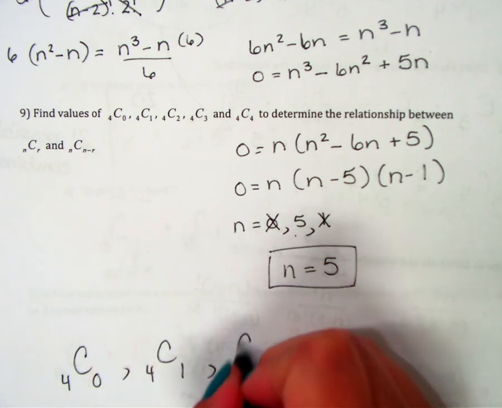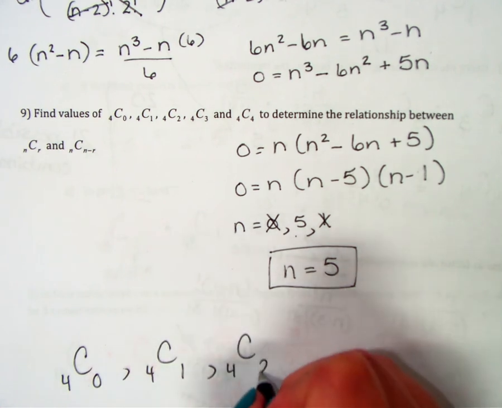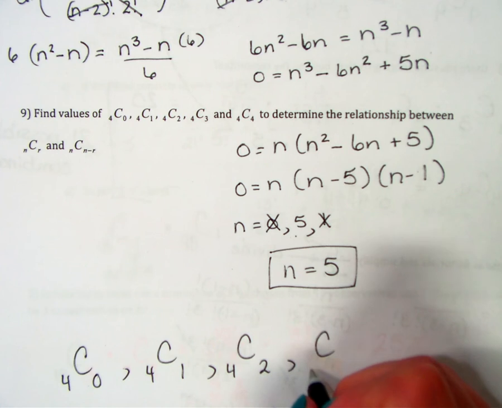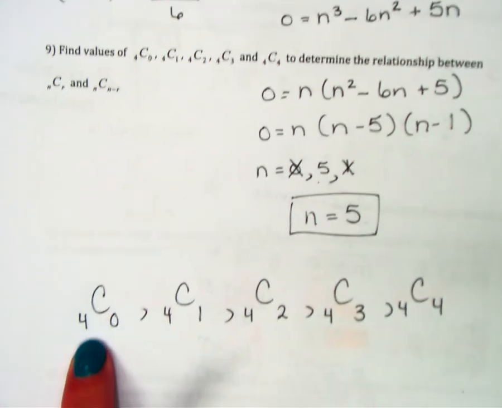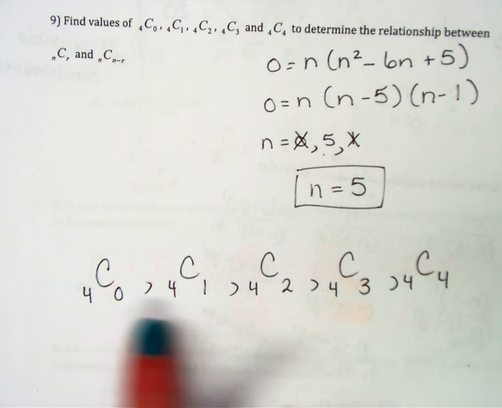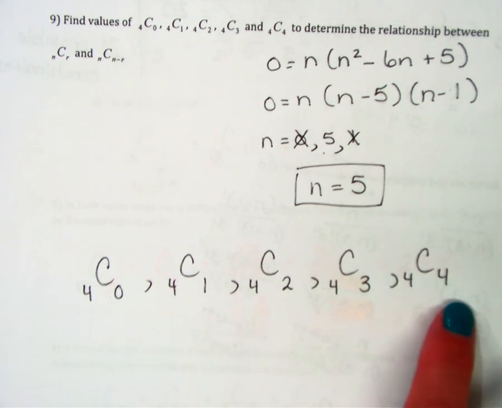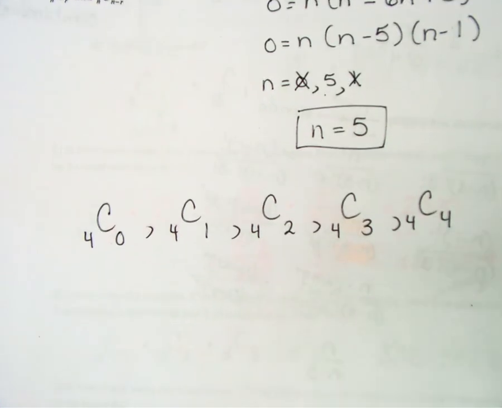So do you guys see the pattern in what I'm doing here? I'm starting at 4 total, choosing none of them, and going all the way to choosing all 4 of them. If I choose none of them, what's my option? 1. Substitute it into the formula.